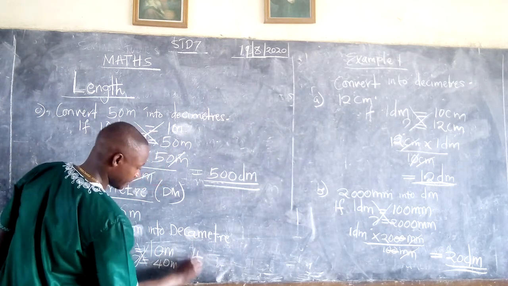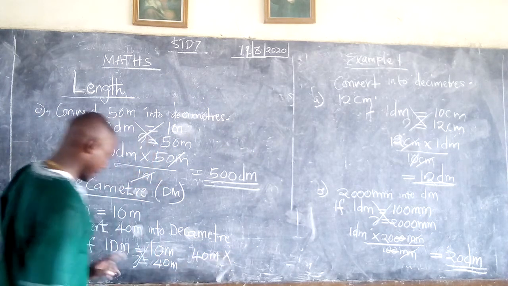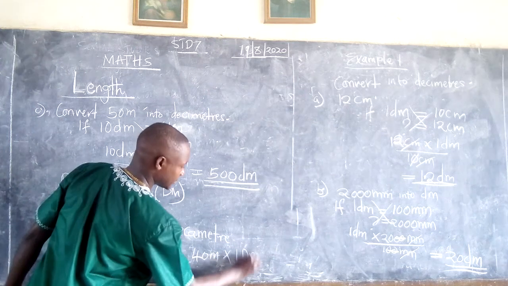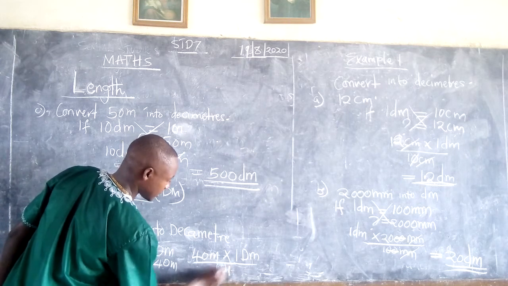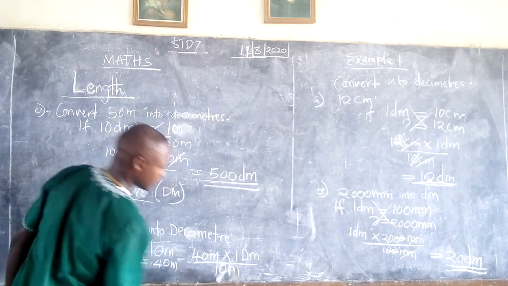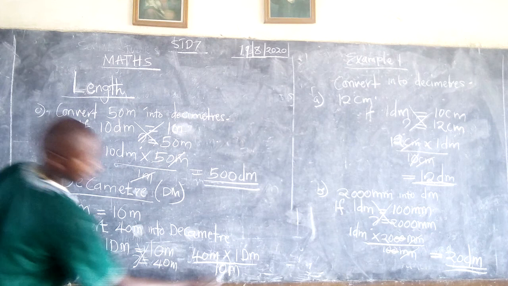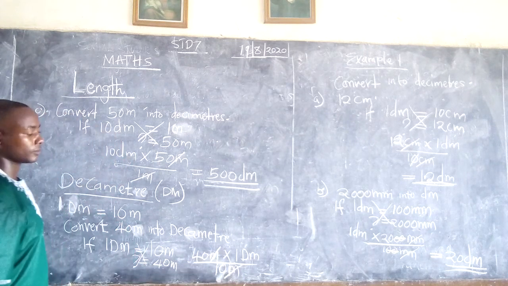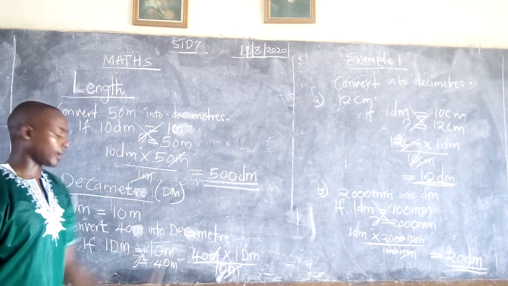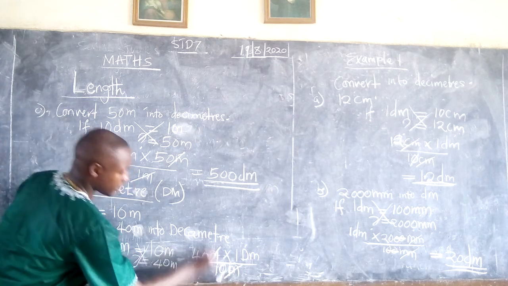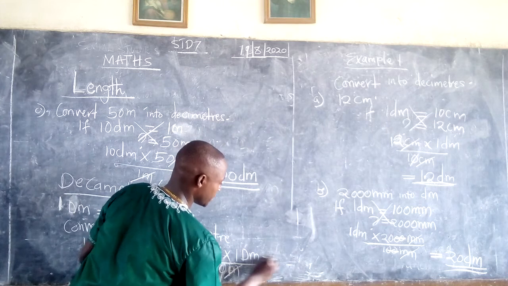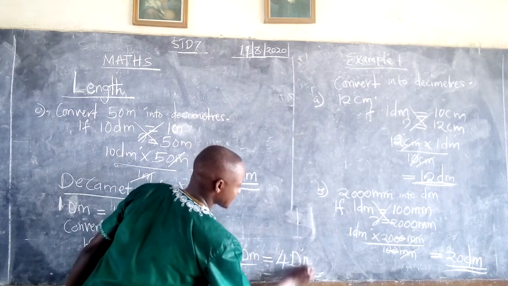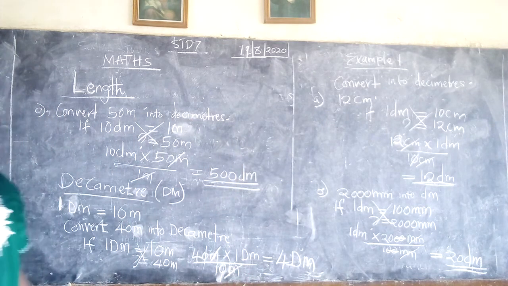We say 40 meters multiplied by 1 decameter divided by 10 meters. Meters will cancel, and we remain with the decameter. This 0 goes with that, and we remain with the 4. So our answer will be 4 decameters.